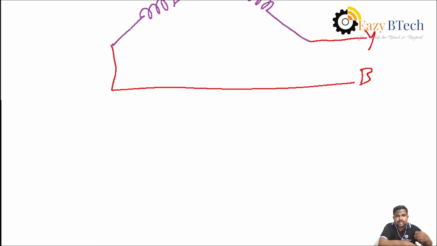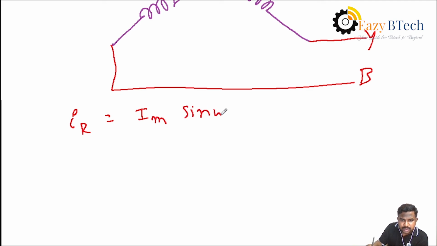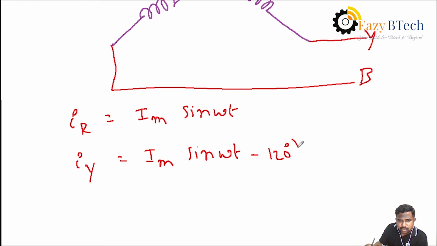Suppose different currents are passing through the star connection. For example, here the phase current IR is Im sin omega t. Similarly IY, we know, suppose it is balanced, all currents are equal, then Im sin(omega t minus 120 degrees).